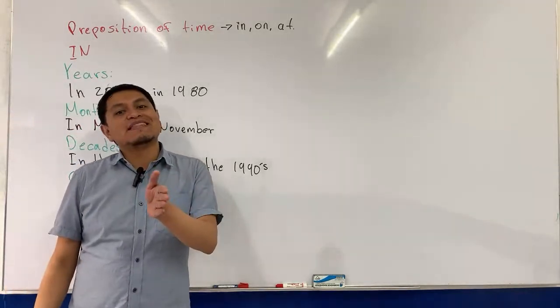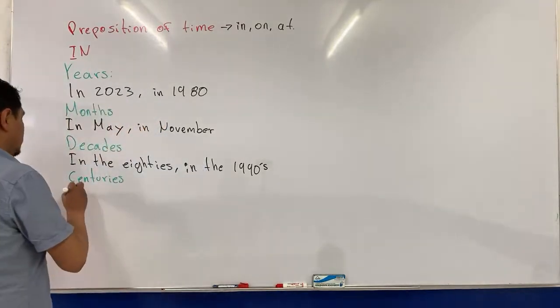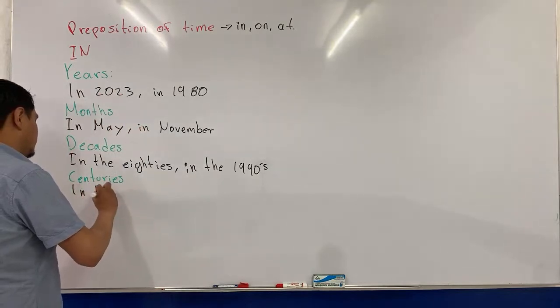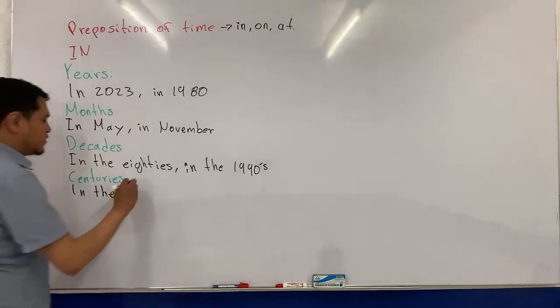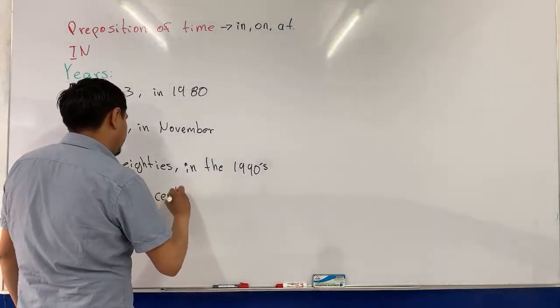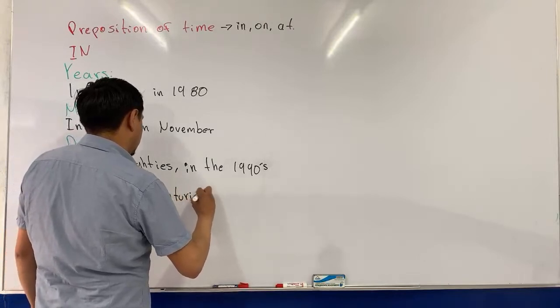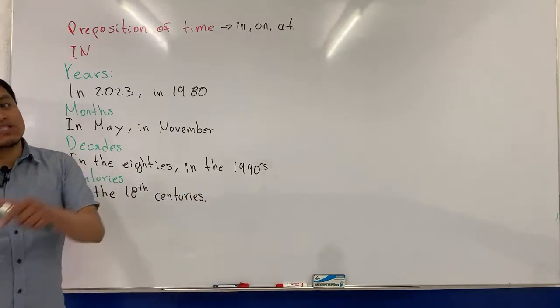For example, in the 8th century, in ordinal number, right? En el siglo XVIII, centuries.